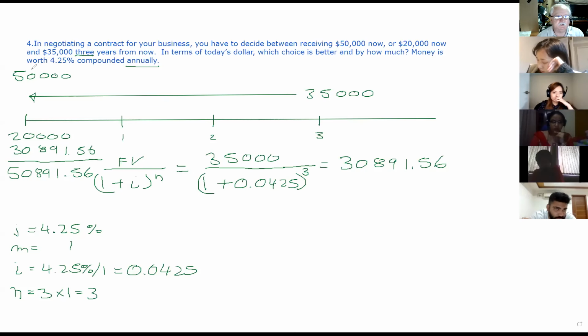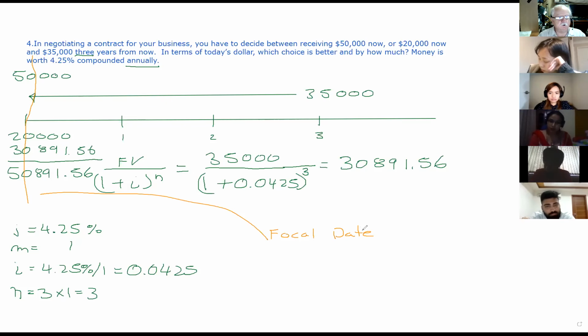This date that we moved all the money to is referred to as the focal date. When you're moving money around, it all has to be on the same date in order to compare it, which is what we did here. We focused it all on that one day.